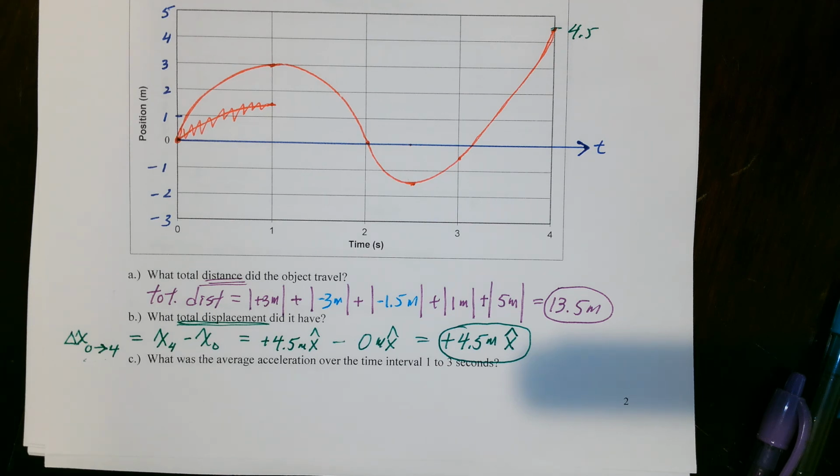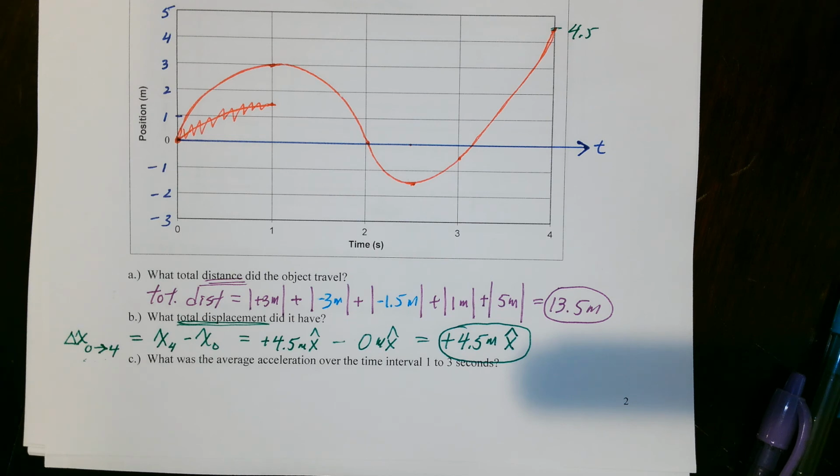All right. What about part C? Part C. What was the average acceleration over the time interval from 1 to 3 seconds? From 1 to 3 seconds, the average acceleration is the slope of a secant line.